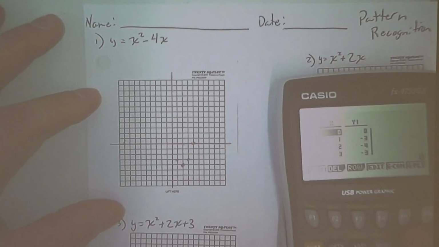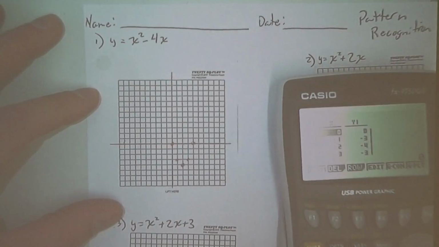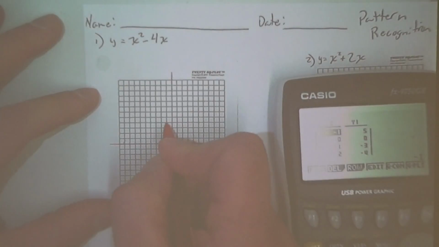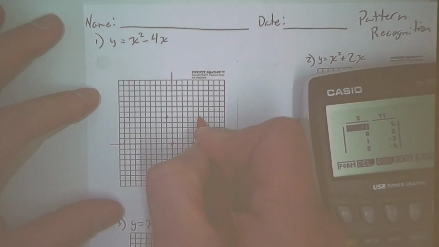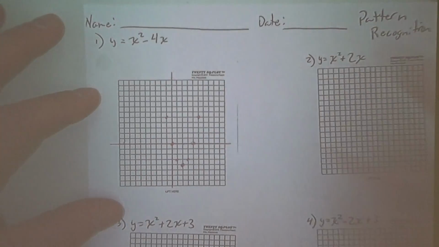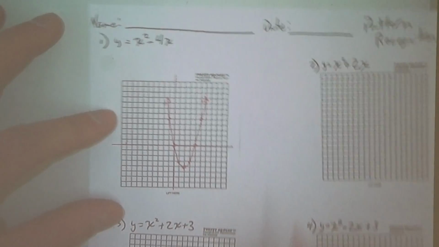I bet you 0, 0. And there's my parabola. I could go one more. I go negative 1, 5, and 4, 5. All right, there's my parabola. That is the table way.